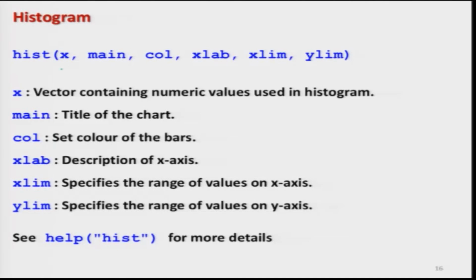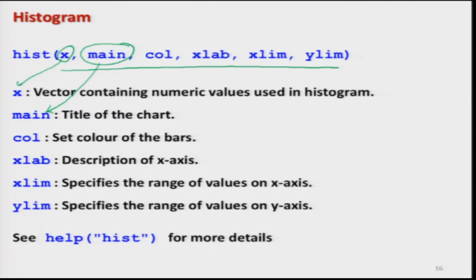Now, in case you want to improve your histogram, as we have done in the case of bar chart, pie chart and so on, there are some more choices of parameters which can be given inside the arguments. Obviously, this x determines the data vector, the numerical values for which the histogram has to be constructed. In case we want to give the title of the chart, this is controlled by MAIN.